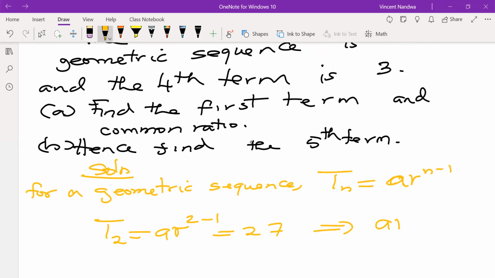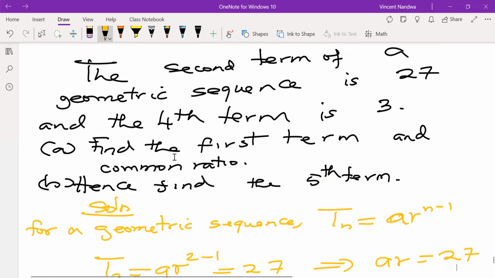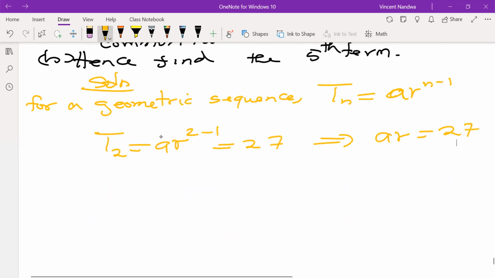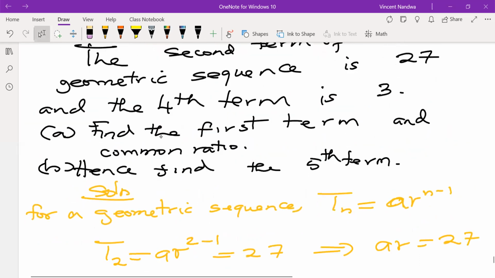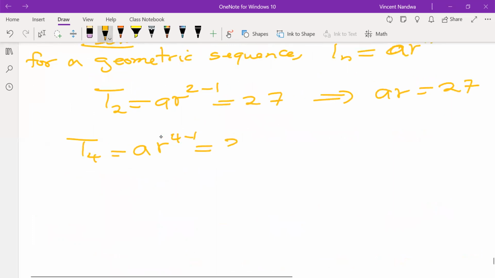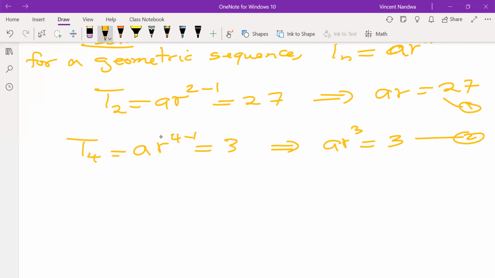This implies ar is 27. And the fourth term, T4, is a r^(4-1), so the answer should be 3, which means a r cubed is 3. Let's call this equation 1, and this one equation 2.